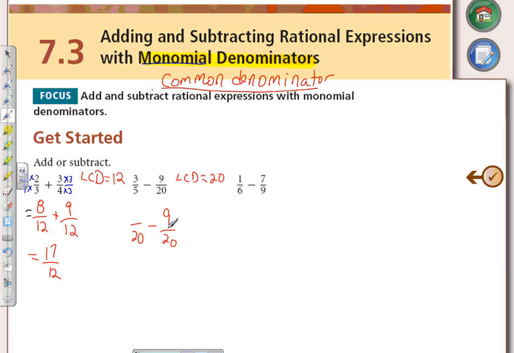This one already is, so it stays. And this one I needed to multiply by 4 over 4 to give me 12. And then we just subtract, 12 minus 9, which gives me 3/20. Always look at the end. Can I take it down to any lower terms? No, I can't.